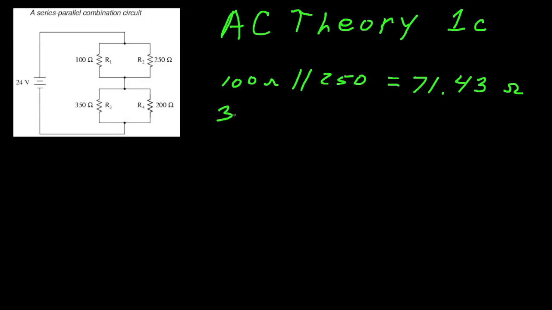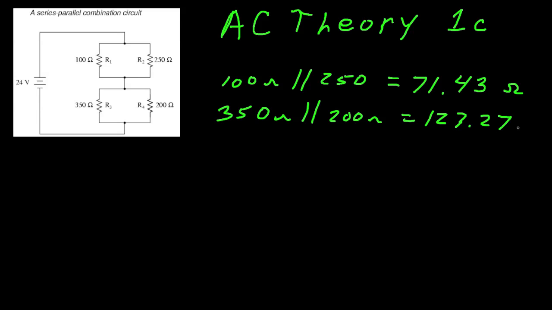Our other pair, R3 and R4, is 350 ohms in parallel with a 200 ohm resistor. Once we do that, again on our calculator, we do 350 reciprocal plus 200 reciprocal equals, reciprocal again, and we end up with an answer of 127.27, and it goes 272727, so we're just going to leave it at 27.